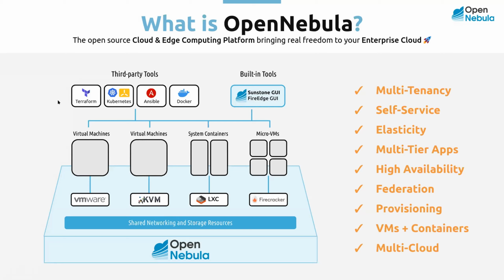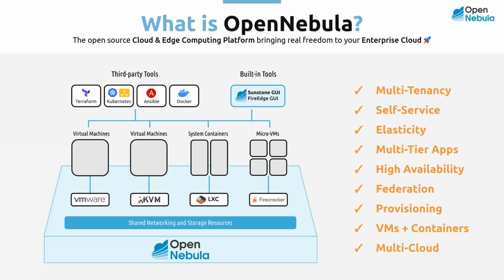Then obviously integrations with other technologies like Terraform or Ansible, and of course Kubernetes, providing to all of these technologies a number of shared features like a multi-tenant environment, a self-service portal for your users, and elasticity, the capability of defining rules for expanding or adapting your infrastructure and resources to the real needs of your customers or users.